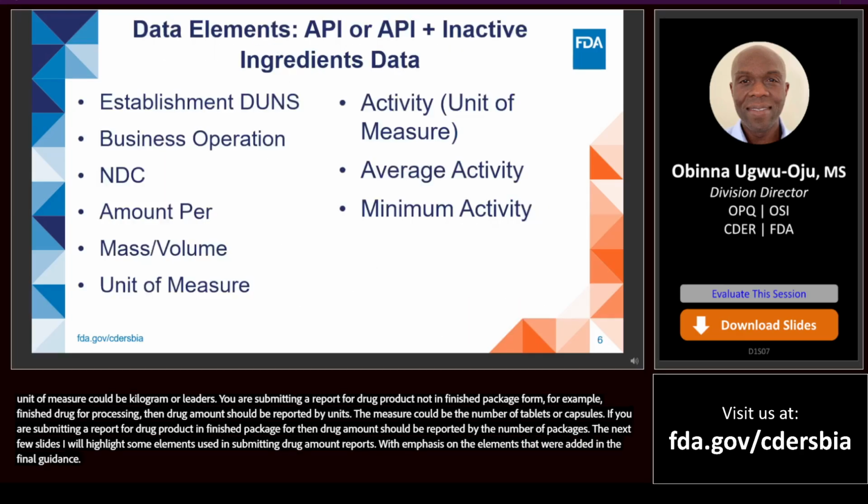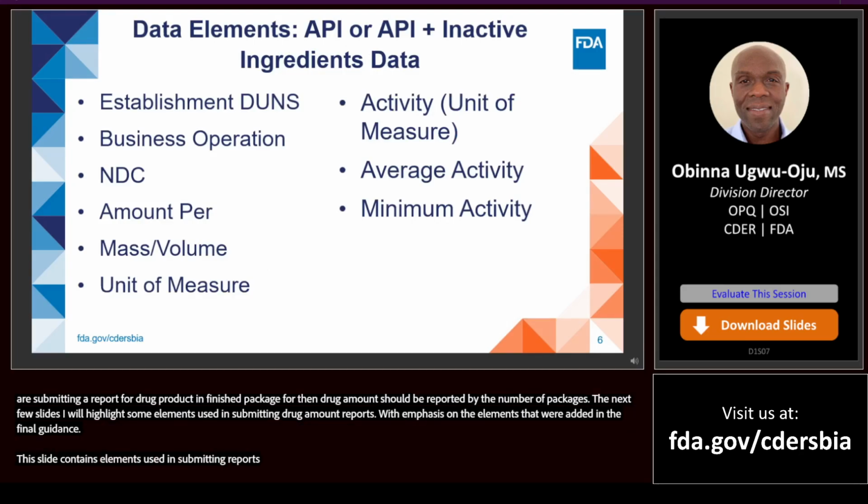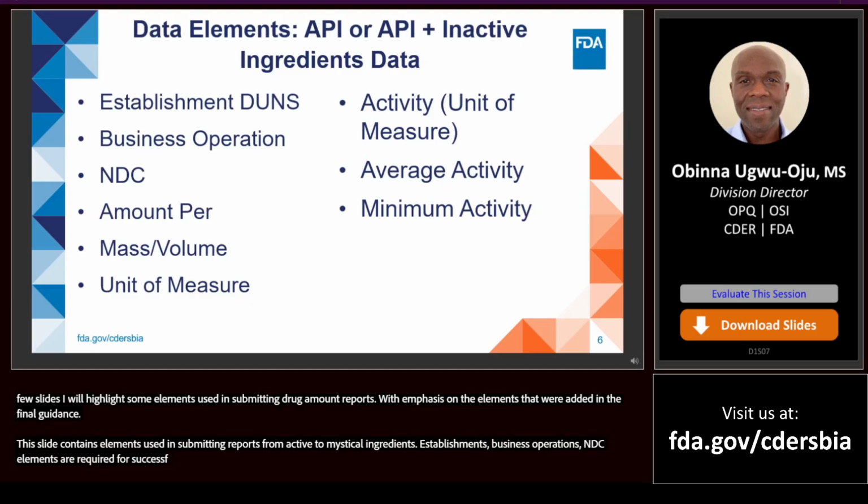This slide contains data elements used in submitting reports for active pharmaceutical ingredients. Establishment DUNS, business operation, and NDC data elements are required for successful submission of a drug amount report. Mass/volume and unit of measure data elements are used to submit the amount of API manufactured.